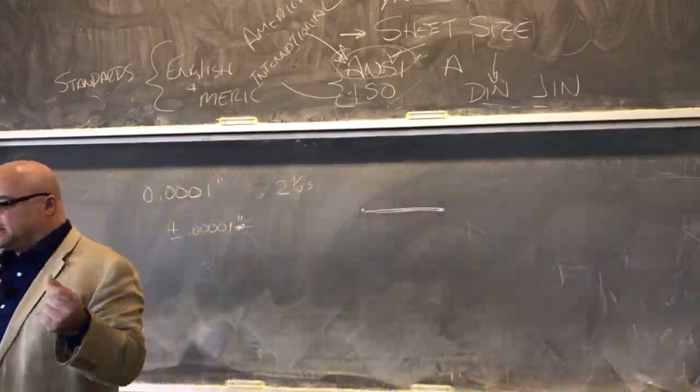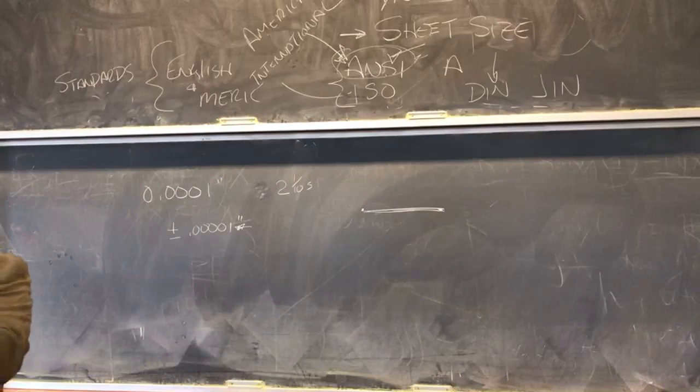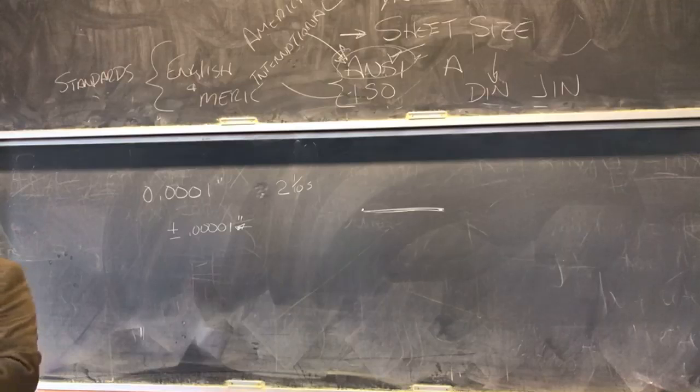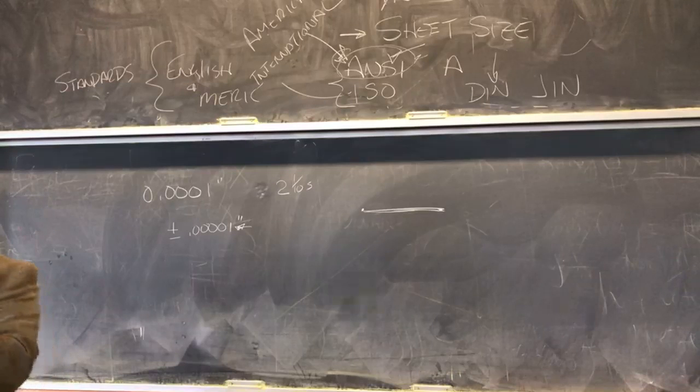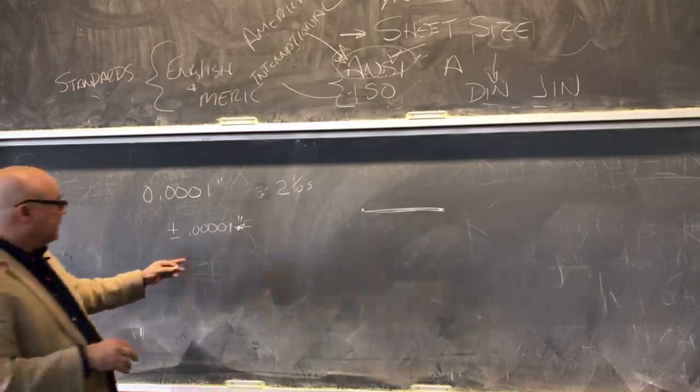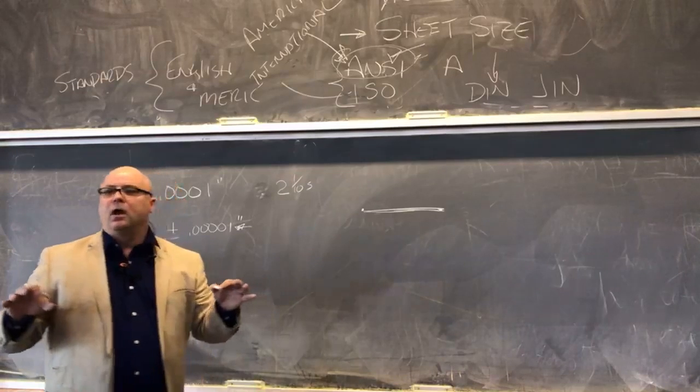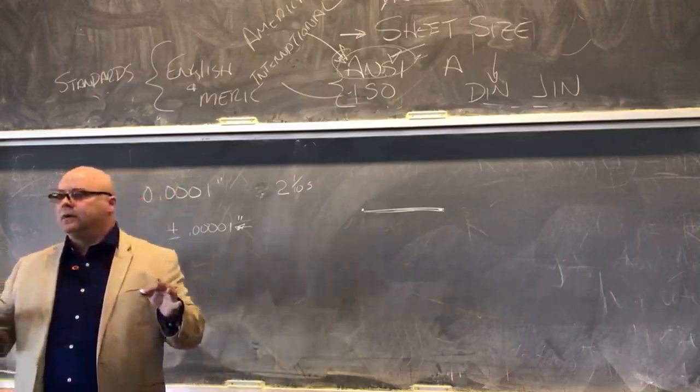Back to my graduate student kid. So I'd finally gotten him to understand that some things were more important than others. And he came to me and he had this little part, and it was sort of like the size of this piece of chalk. And he's got his drawing. And so down here, he didn't have a tolerance block filled out.